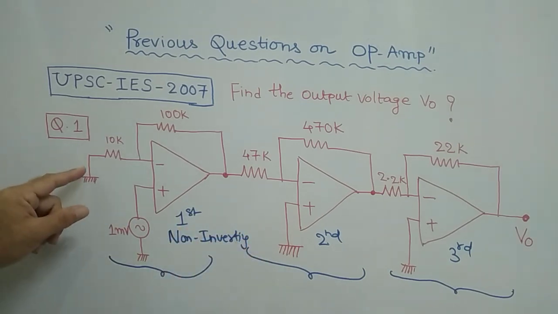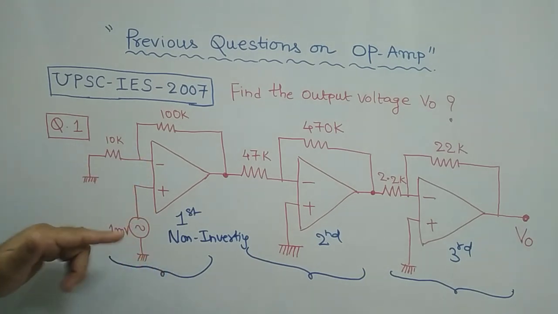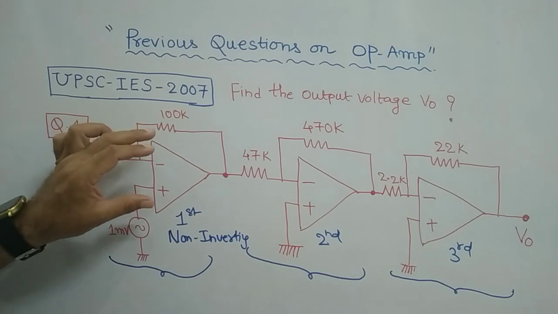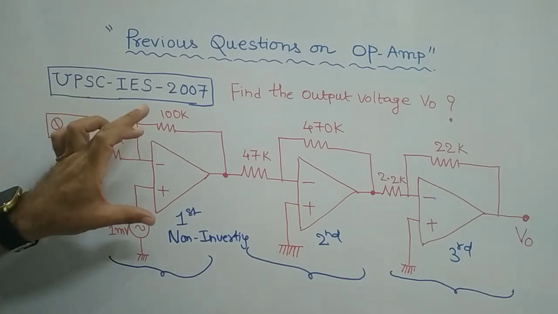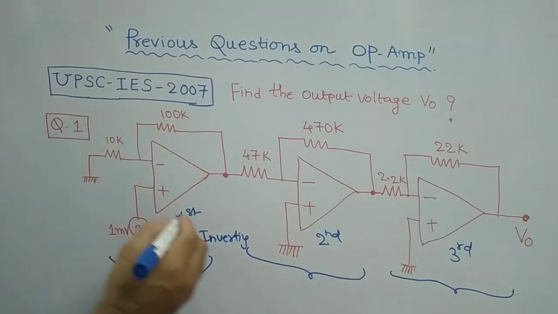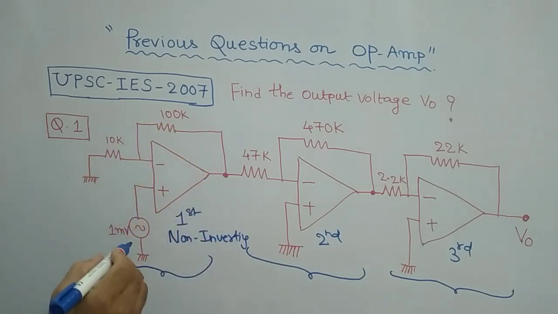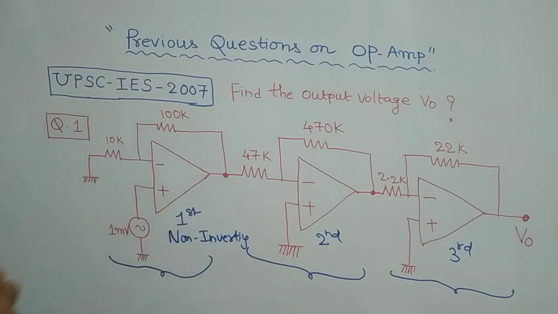For example, if the input is applied to the minus terminal and the plus is kept grounded without input, that is called the inverting configuration. Whereas in this circuit, for the first stage, the input is applied to the positive, therefore it is called a non-inverting amplifier.